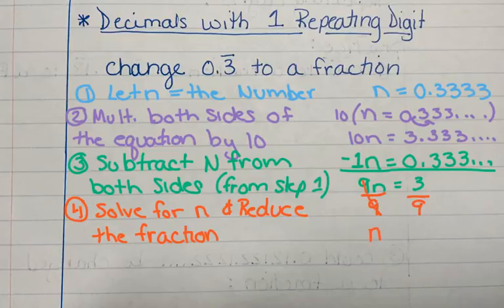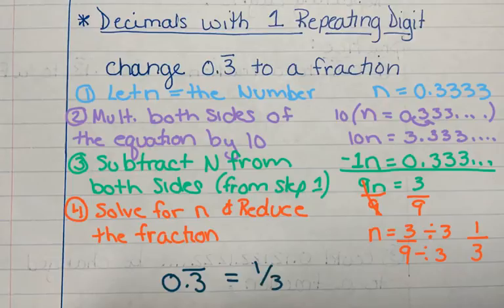So I get n equals 3 over 9. But now I need to reduce. So I need to ask myself, is there something that can go into both 3 and 9? And the answer to that is 3. So this would become 1/3. So 0.3 repeating is the same as 1/3.